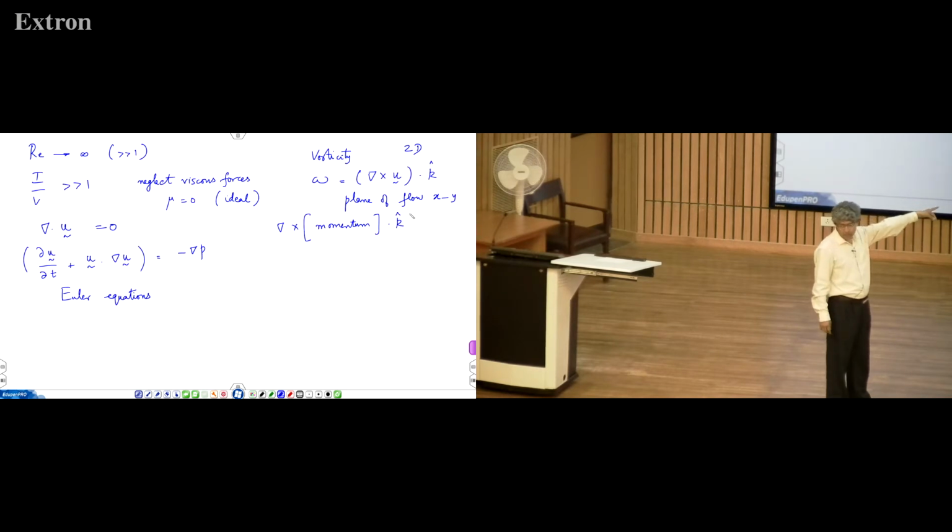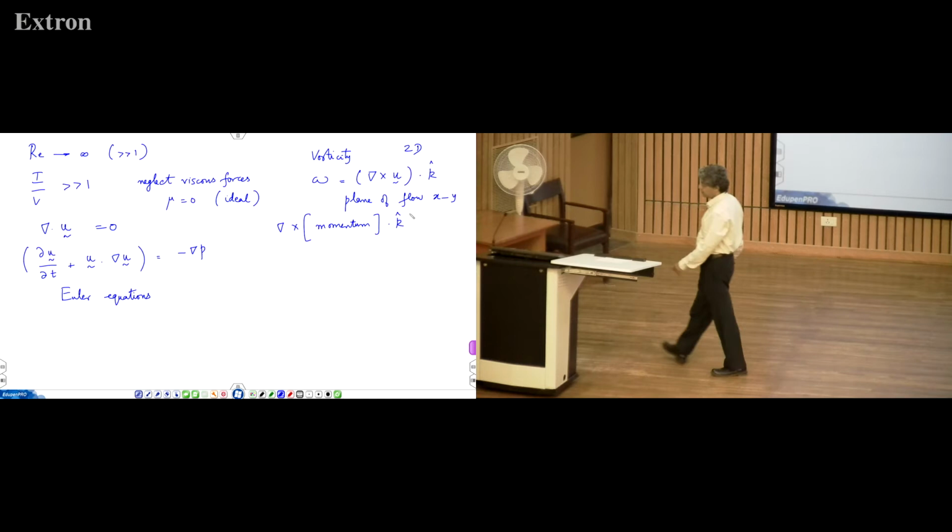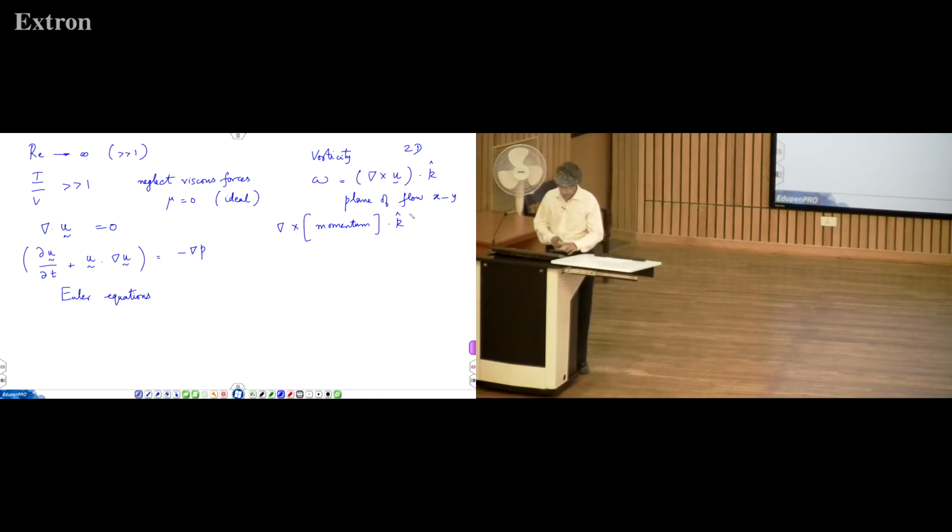a little bit of vector calculus once again. What is the first term? First term is the derivative of del cross u with time. There is also a dot k, which is omega. So, this left hand side reduces.